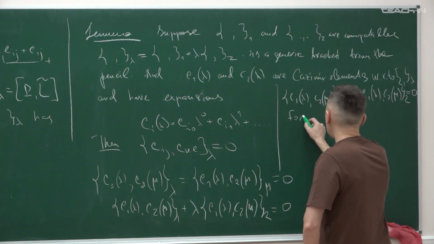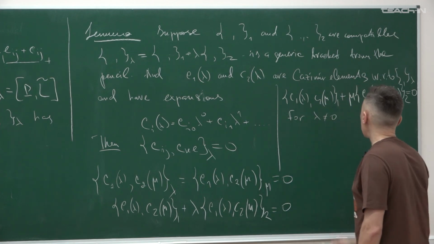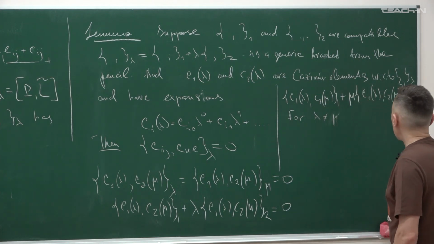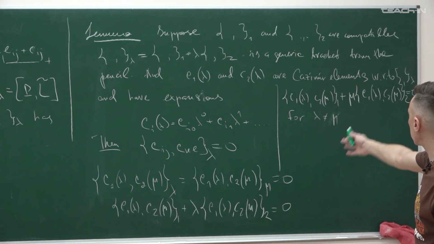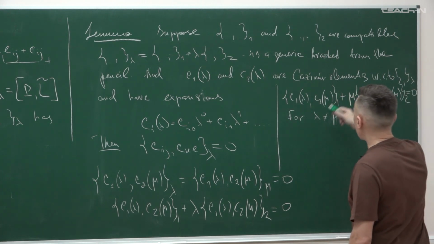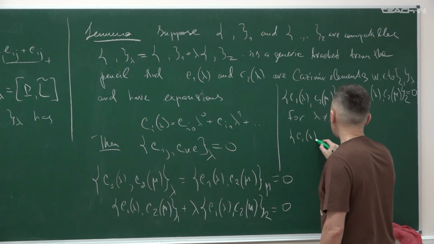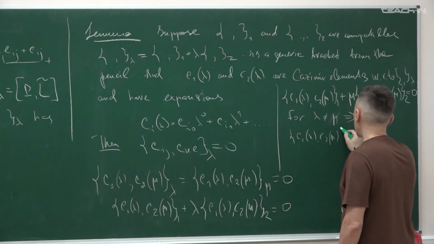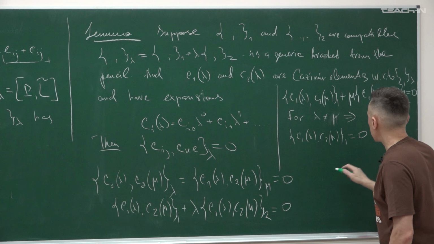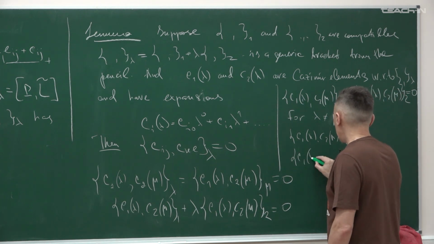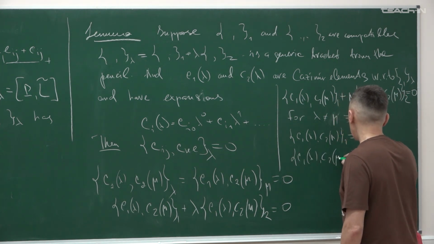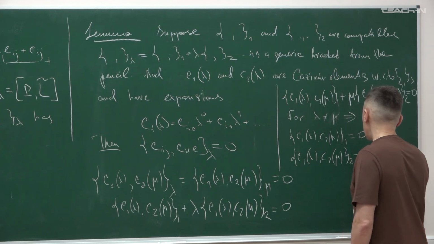For lambda not equal mu, we have that both brackets are 0: the bracket 1 of C1 lambda, C2 mu equals 0, the bracket 2 of C1 lambda, C2 mu is equal to 0.